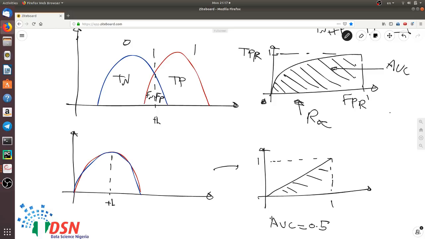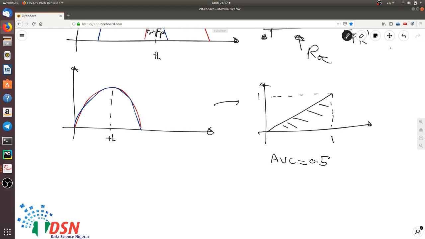If you have a larger AUC, then you will have better performance for your classifier. So higher AUC means better performance and separability capability of your classifier.